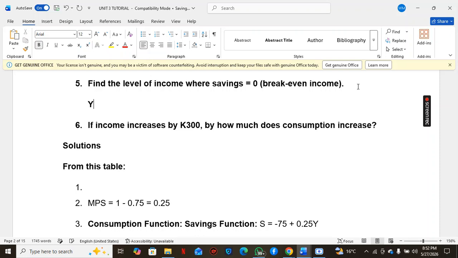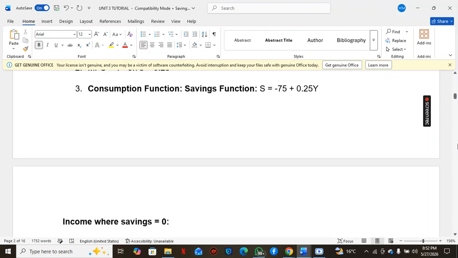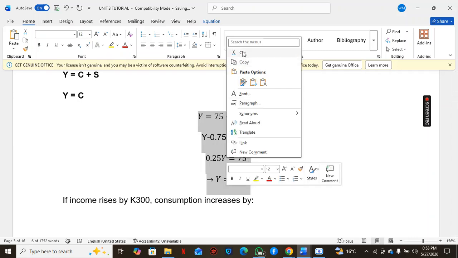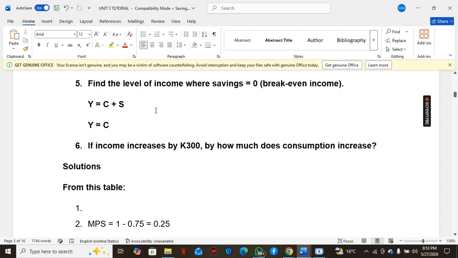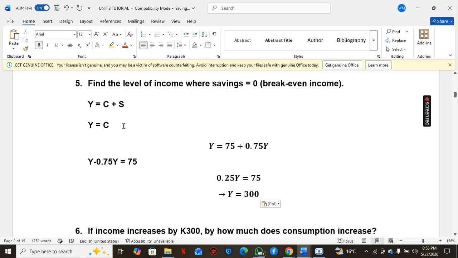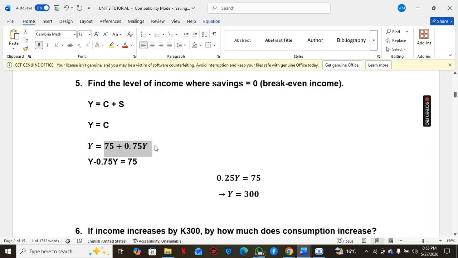Remember this formula, Y equals C plus S. Savings equals zero, so Y equals C. This C we're going to replace with our consumption function. So Y equals 75 plus 0.75Y.